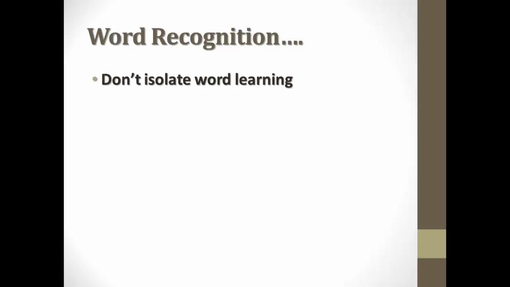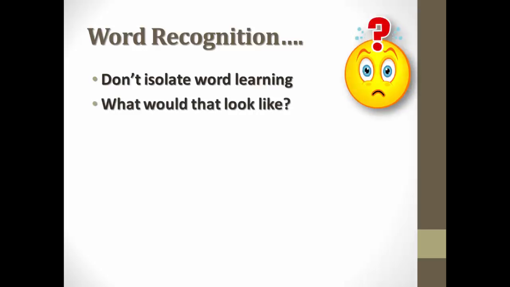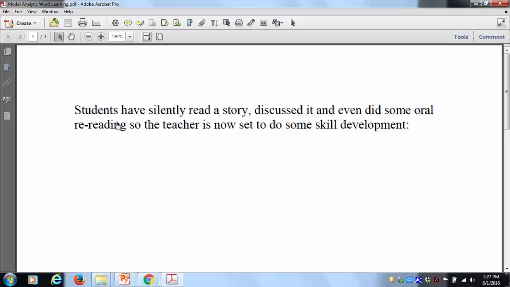First and foremost, don't isolate word learning. And I can hear somebody say, well, what would that look like? Maybe you've only done isolated word learning. But guess what? There is analytic word learning, which is designed to eliminate isolated learning.